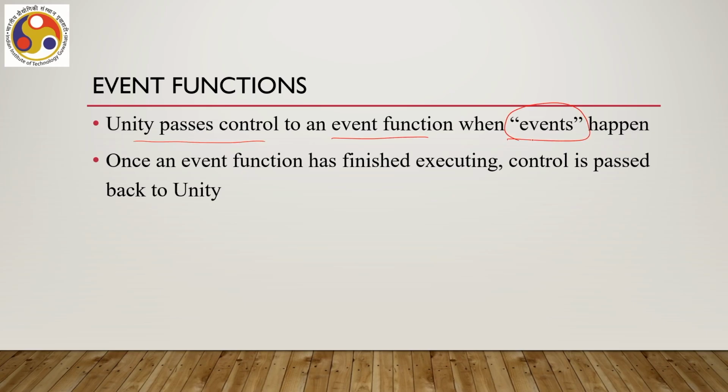Again, most of you might be familiar with this. When there is an event, the control goes to the event handler or the event function and then the function body is executed. Once the event function has finished executing, the control is passed back to Unity, just like in any other programming environment.